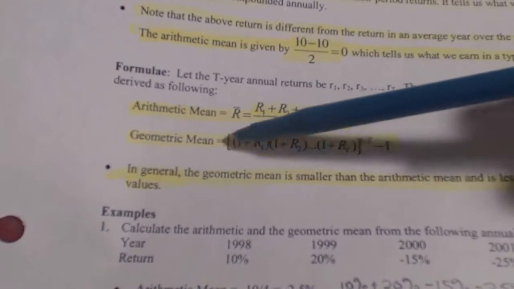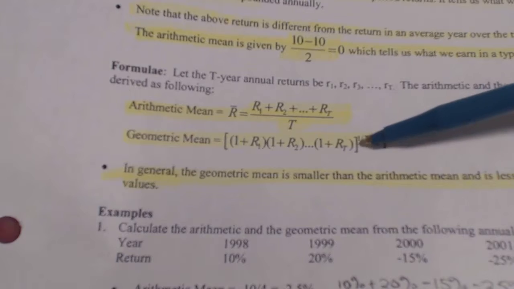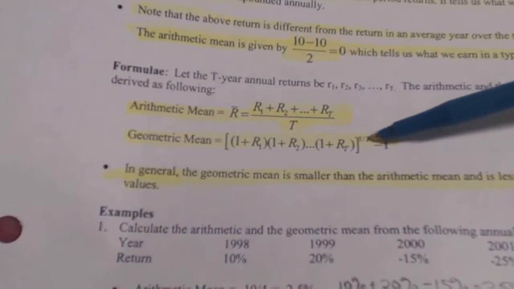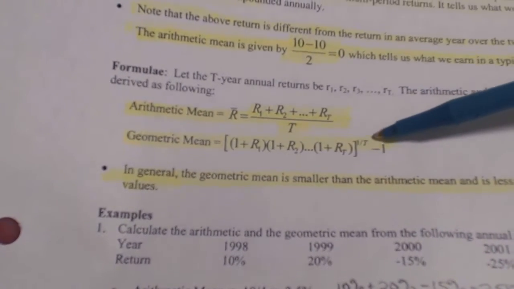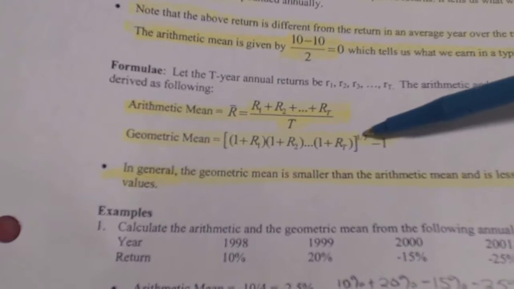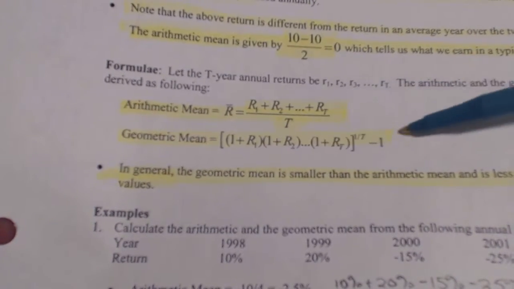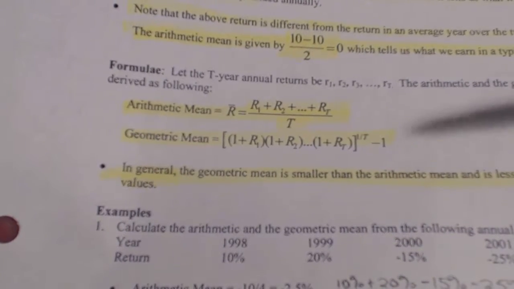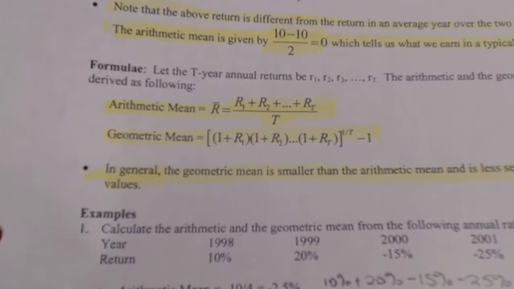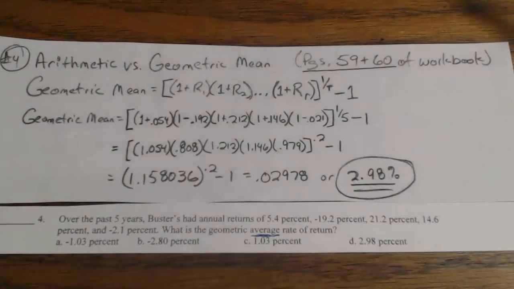So you can take all this, multiply it together, then y to the x, and your y to the x would be 0.25 instead of having to do a fraction. And then you minus 1, because remember you've added 1, so you got to get rid of 1 just to get the percentage, the rate of return, the geometric mean.